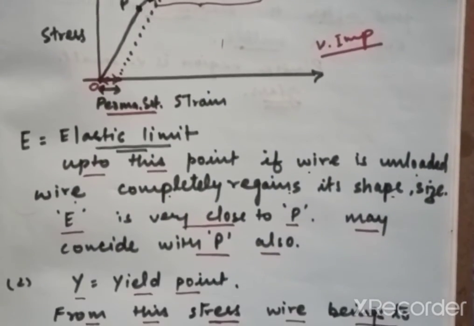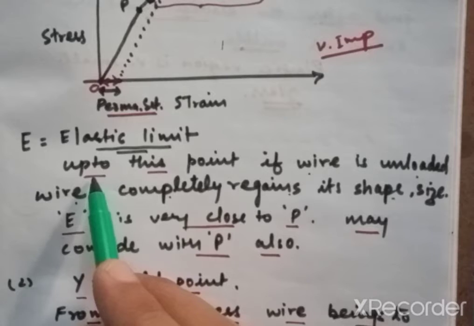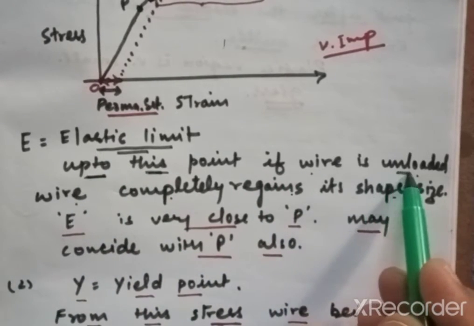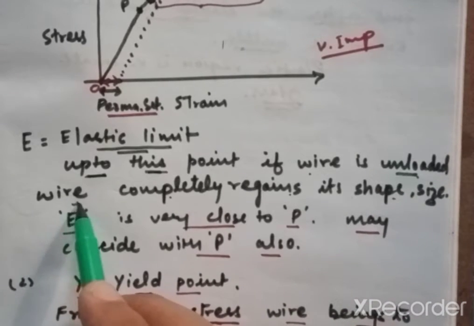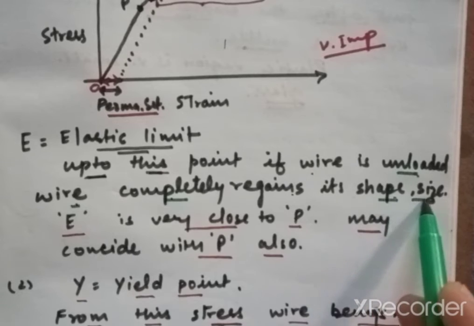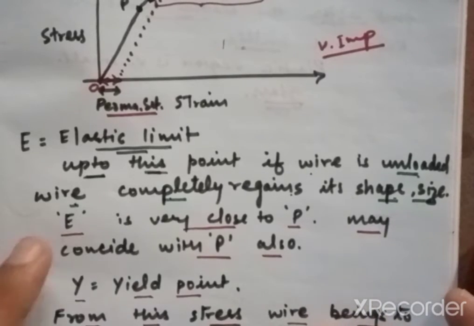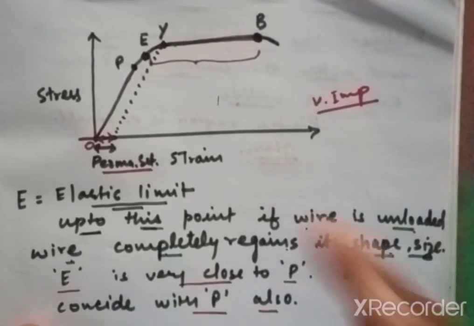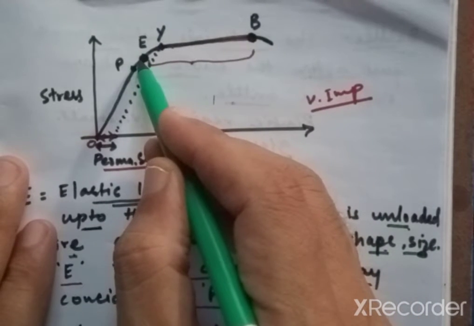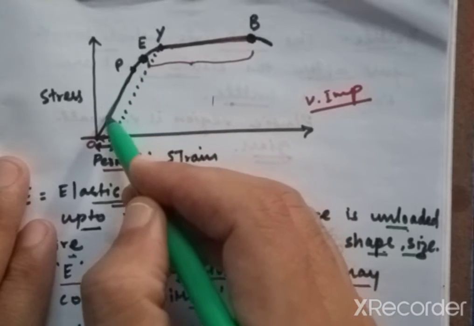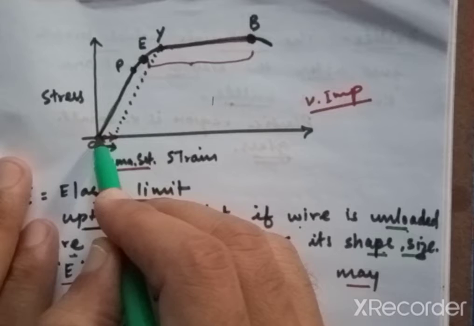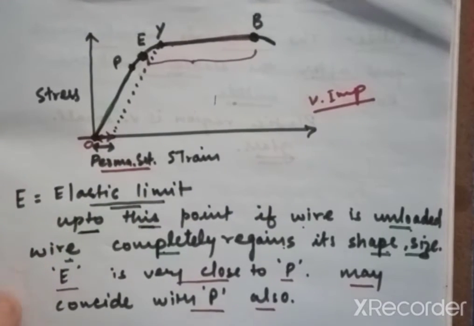Elastic limit is defined as the limit up to which, if the wire is unloaded, the wire completely regains its shape and size, along the same path, its original size and shape also.